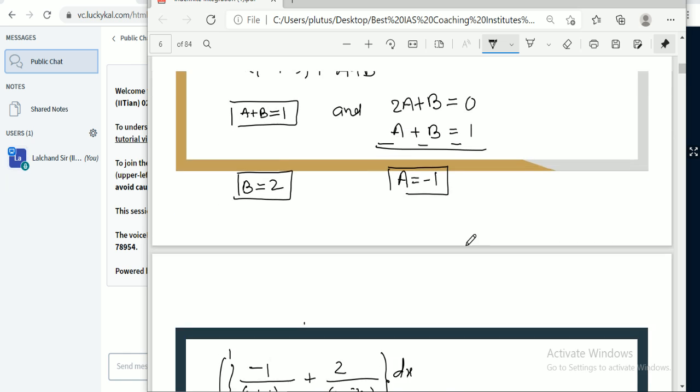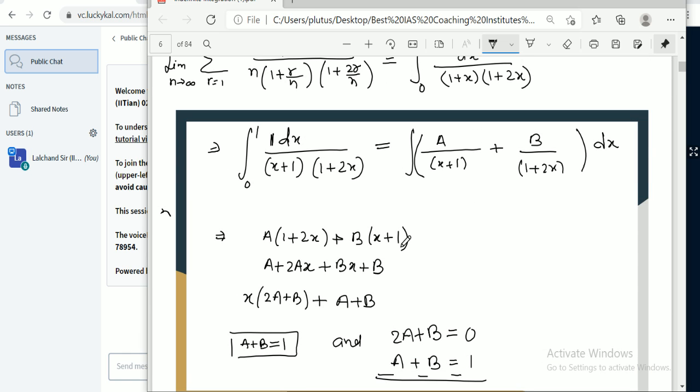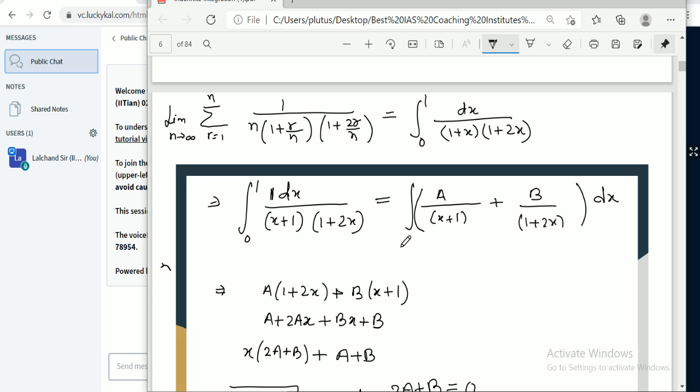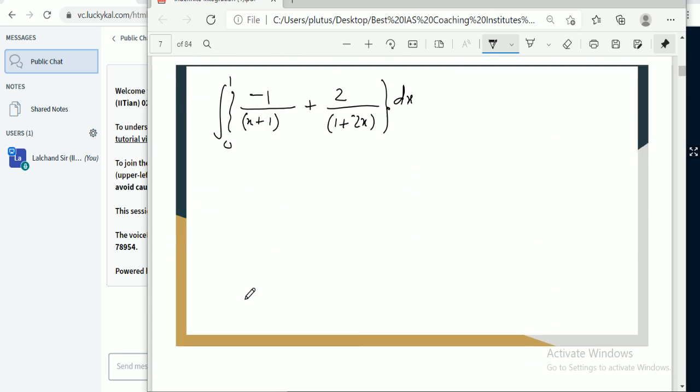This is the integration, isn't it? So now we need to calculate this integral finally.